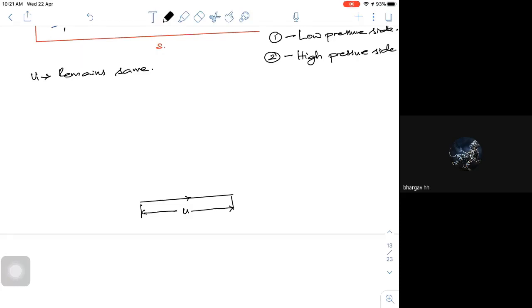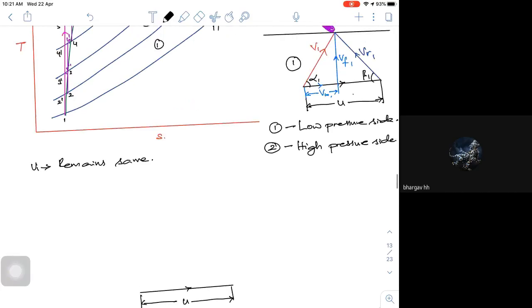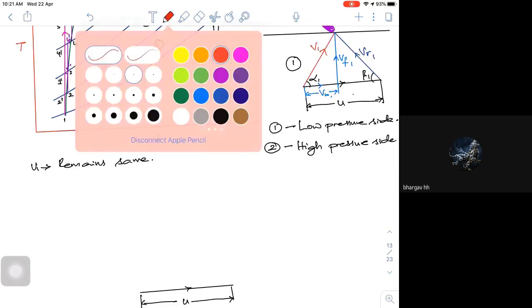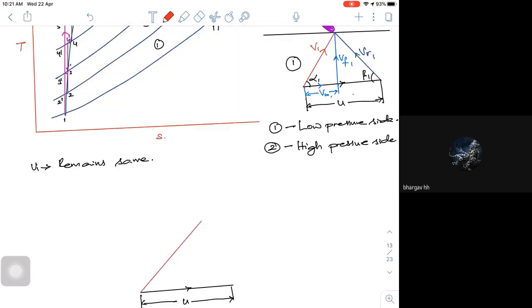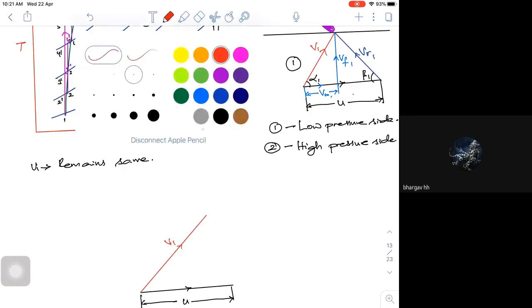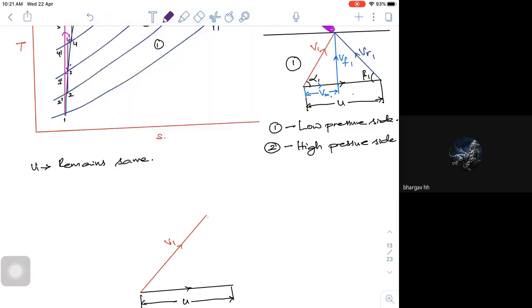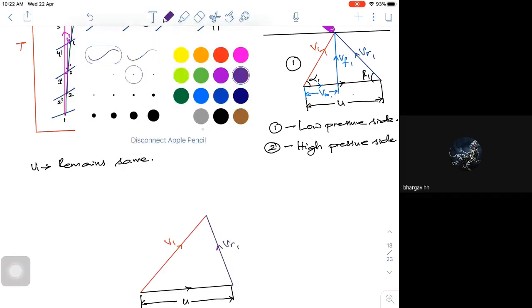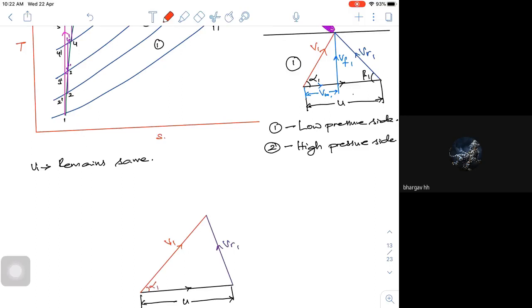Then I will redraw this is my V1, and then I can draw the corresponding VR1, so that this is my alpha 1, this is my beta 1. That's the combined velocity triangle for inlet conditions.